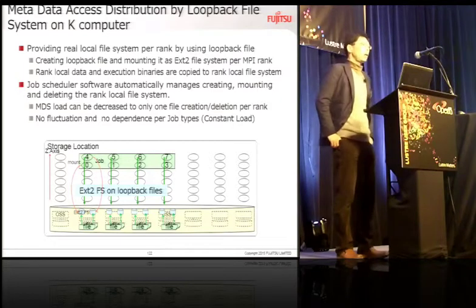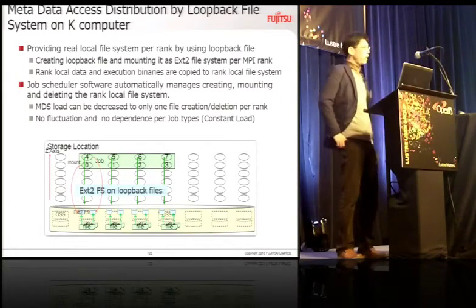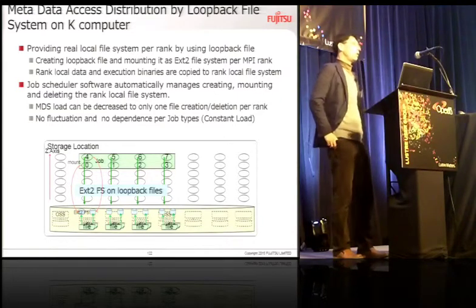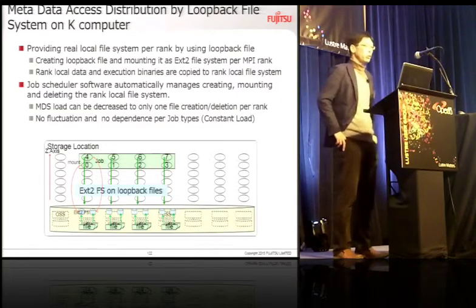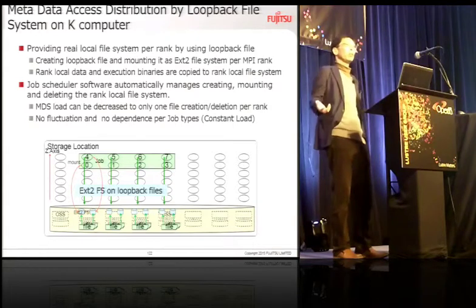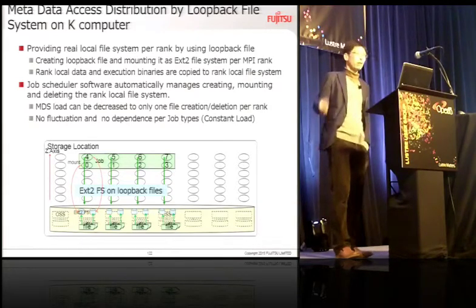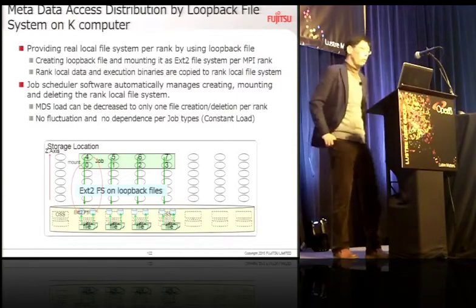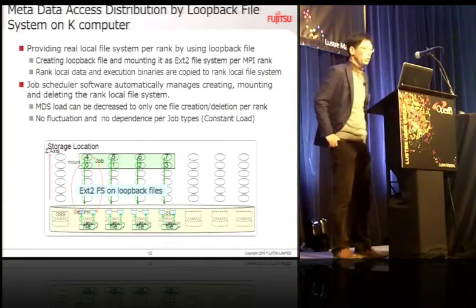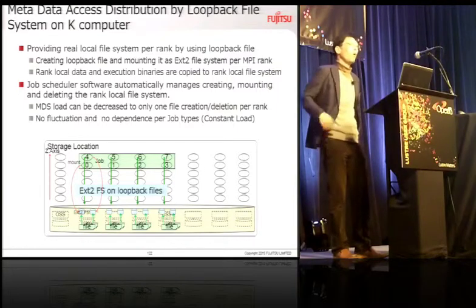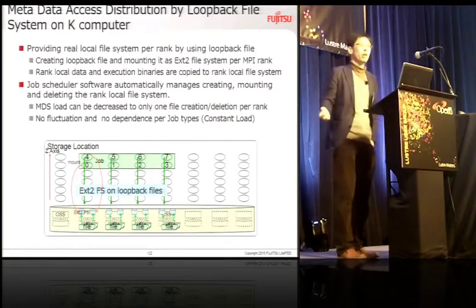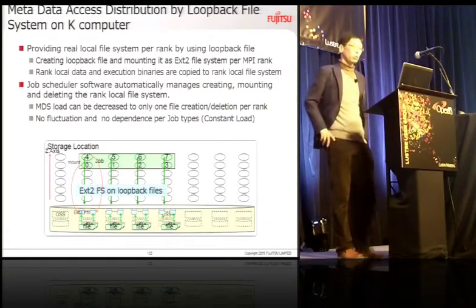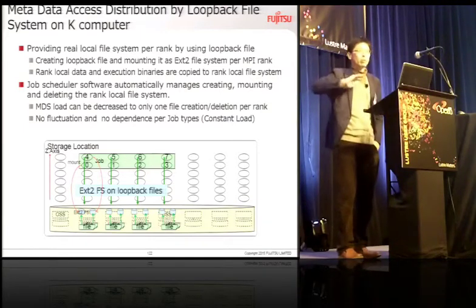Rank-local data and execution binaries are copied to the rank-local file system. Our job scheduler system software automatically manages creating, mounting, and deleting the rank-local file system. By doing so, MDS load can be decreased to only one file creation and deletion per rank, with no fluctuation and no dependence on job types. It makes a constant load.